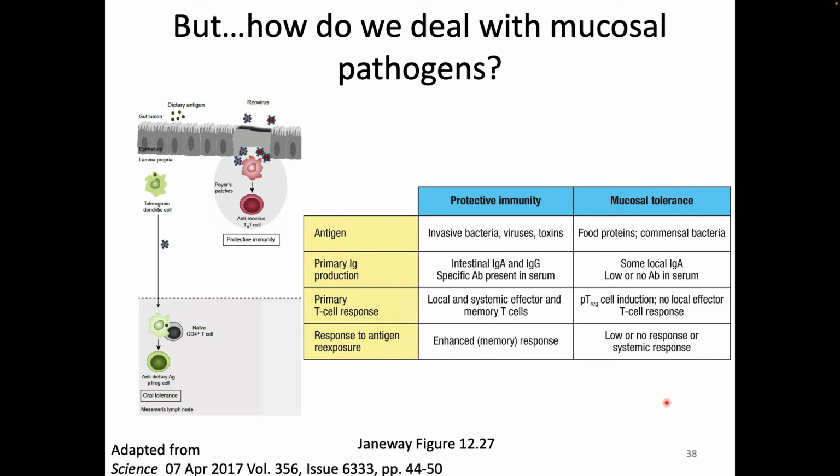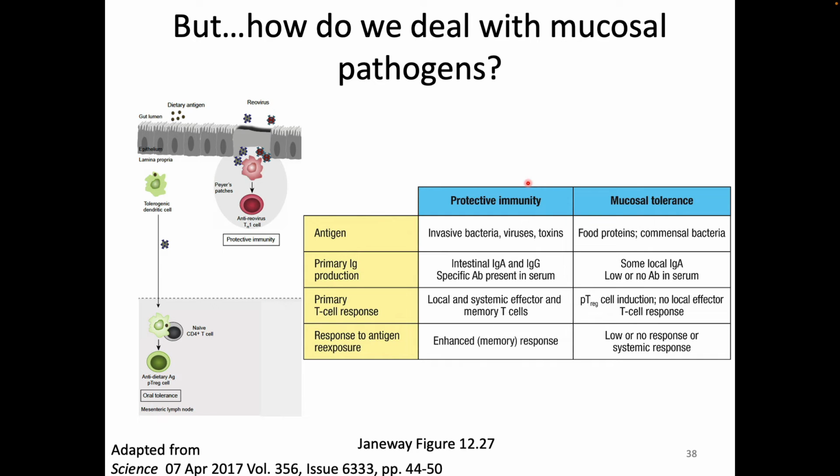And so we will sometimes see a more typical systemic response in response to pathogens. And this table from another immunology textbook, the Janeway immunology textbook, I think gets at this distinction really nicely. So sometimes in the mucosal situation, we get mucosal tolerance. At other times, we get the more traditional immune response, which they're calling here protective immunity.